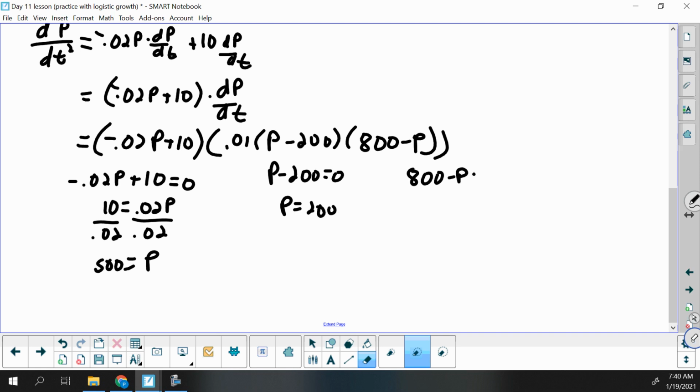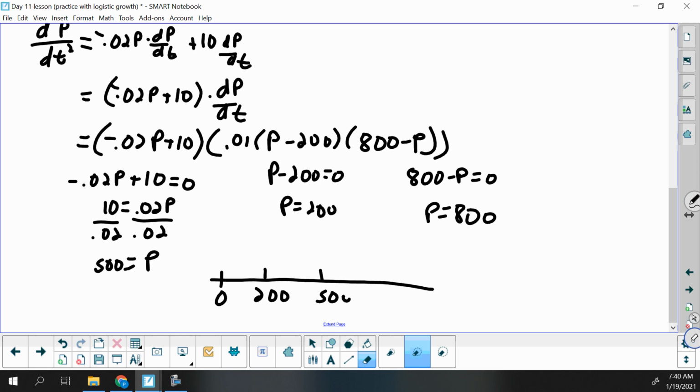And 800 minus p equals 0, we'll get p equals 800. So we're going to put those on our number line. Remember, p had to be greater than 0. We got 200, we got 500, we've got 800.